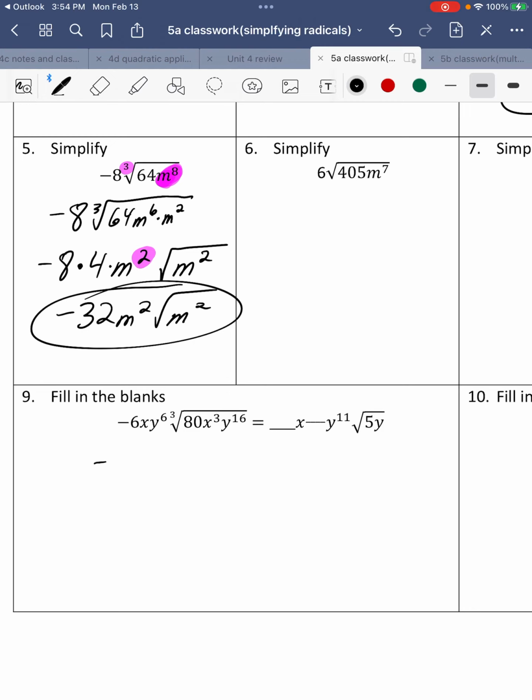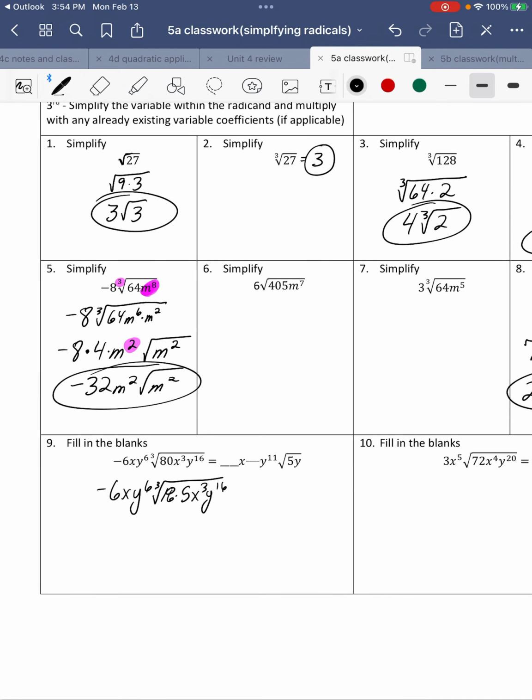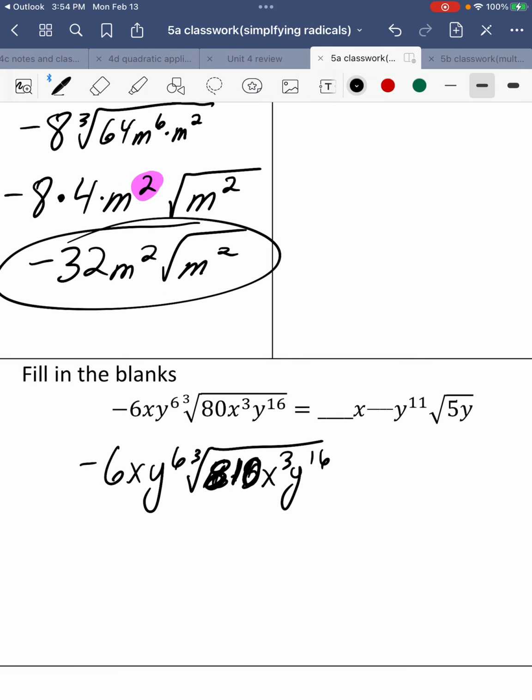All right, looking at the bottom here, what we're going to do is simplify. The cube root of 80 is 16 and 5. No, not 16, 8. 8 and 10, my bad. So we have negative 6 times x times y to the 6th. Cube root of 8 is 2. Cube root of x to the 3rd is x.